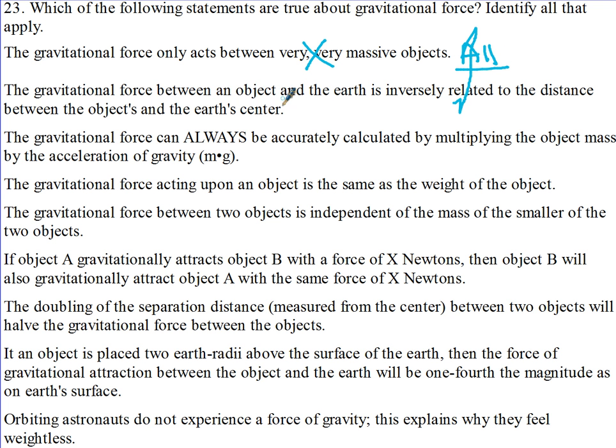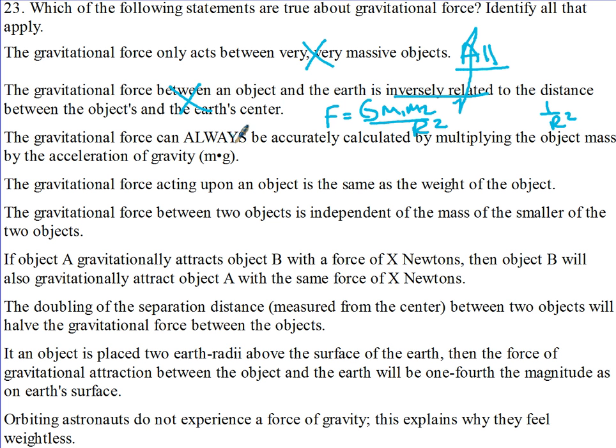The gravitational force between an object and the Earth is inversely related to the distance between the object and the Earth's center. Okay, so F is going to be G M1 M2 over R squared. So inversely related would be 1 over R. So this one is not correct either. It is inversely related to R squared. So not correct.